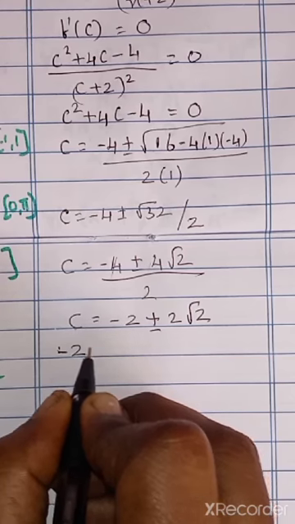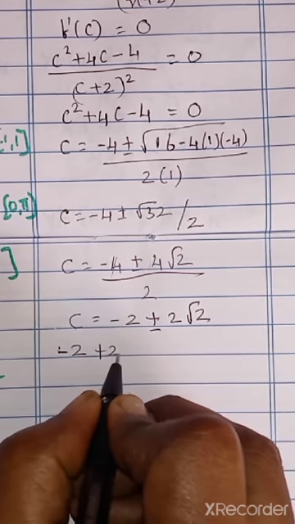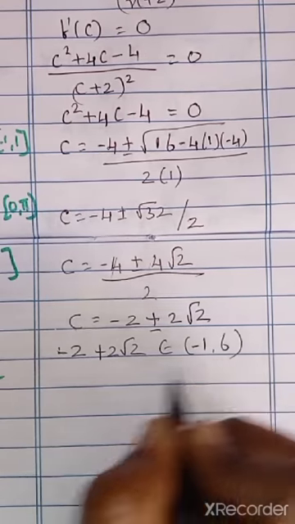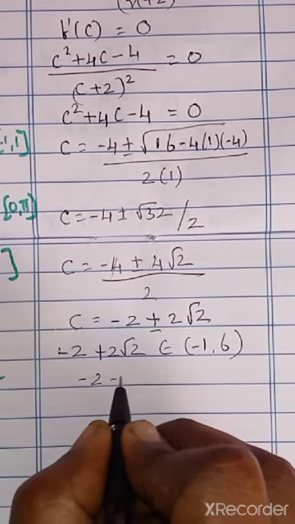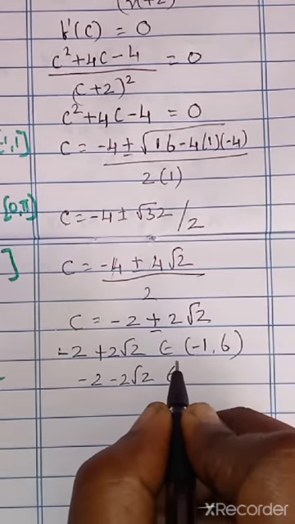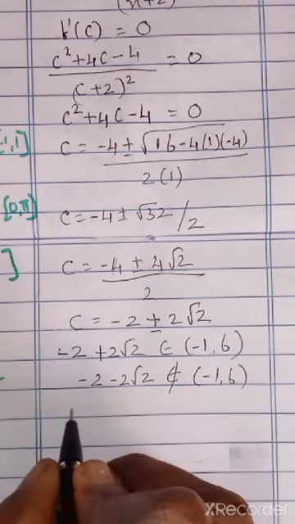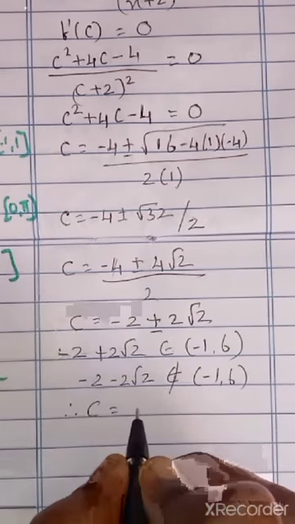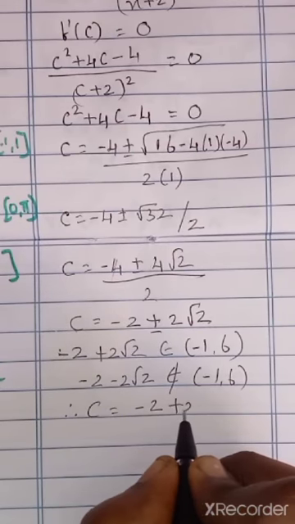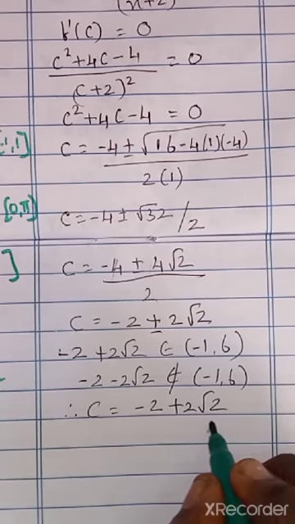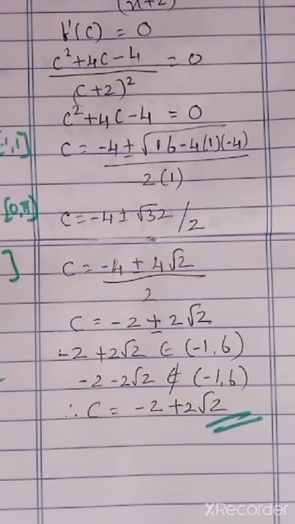Minus 2 plus 2 root 2 belongs to the interval minus 1 comma 6, but minus 2 minus 2 root 2 will not belong to minus 1 comma 6. Therefore, what is your c value? C value is minus 2 plus 2 root 2. The c value you find out should be present in the interval. So this is your c value.